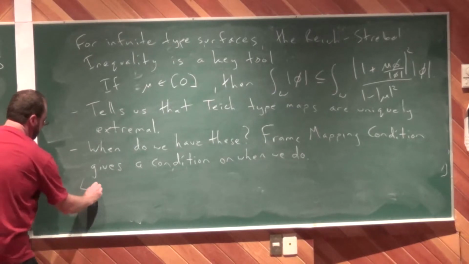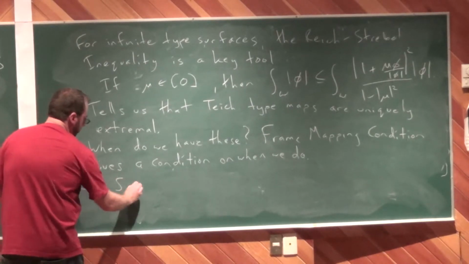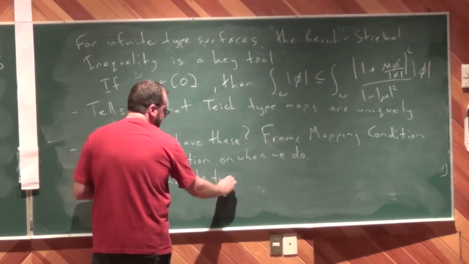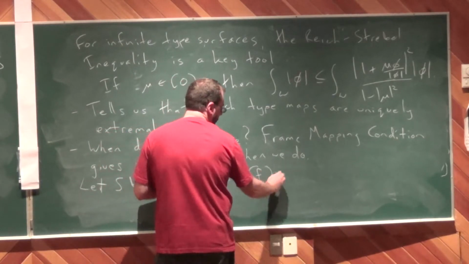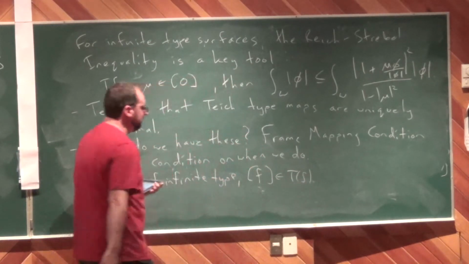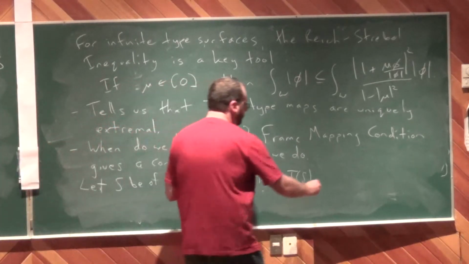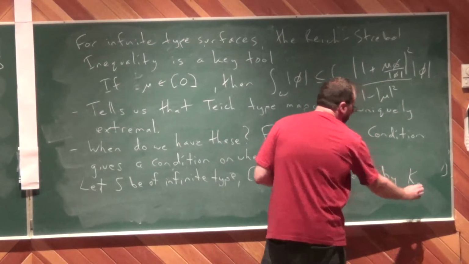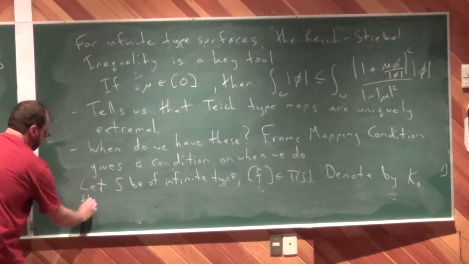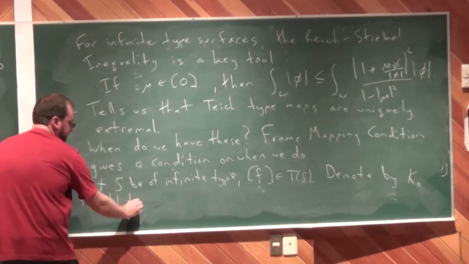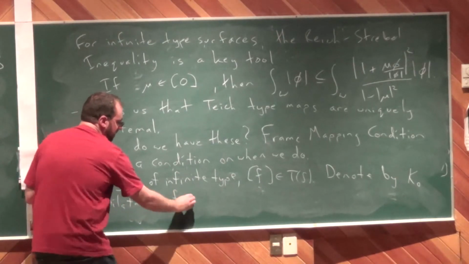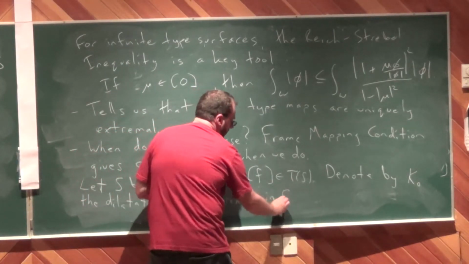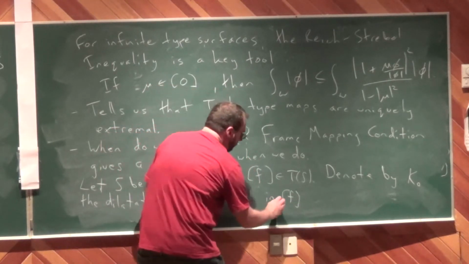So let S be of infinite type. And let's consider a point in our Teichmüller space. Denote by K0 the dilatation of an extremal F naught in F.